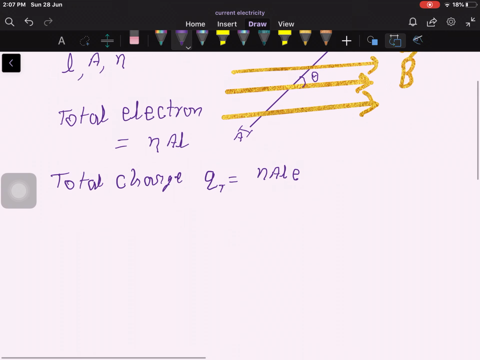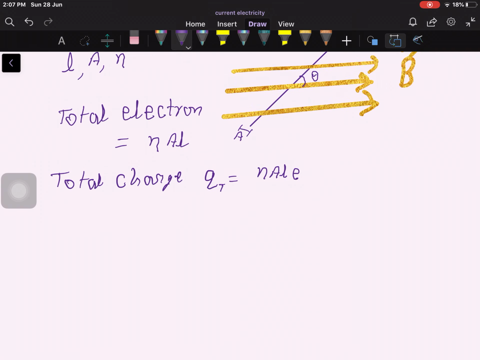We previously discussed the Lorentz force, the magnetic force, that is F_B is equal to q V cross B. But this expression is valid only for one charged body moving in a magnetic field.